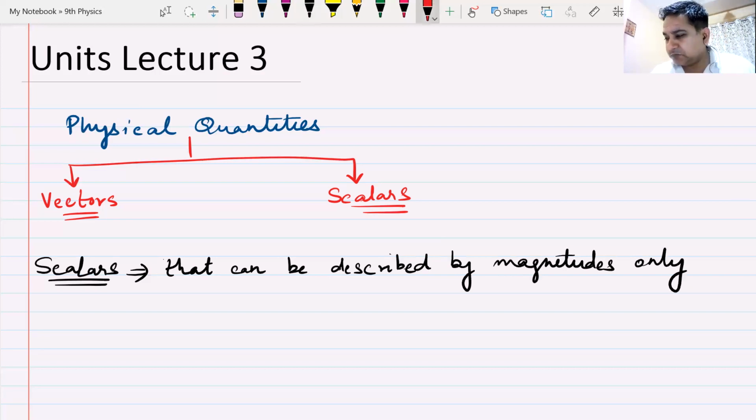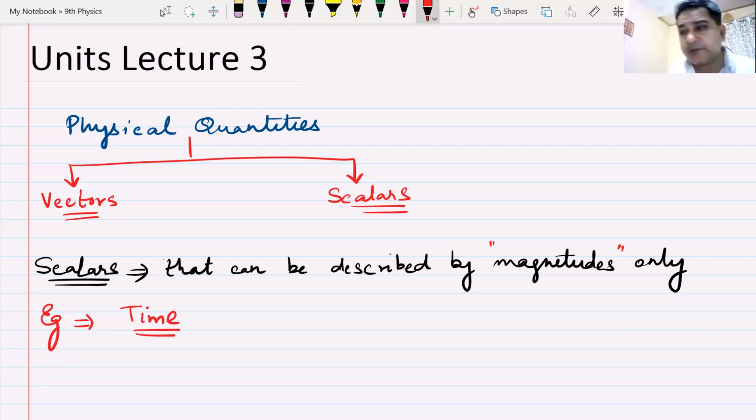Now, it might be difficult for you to understand what do you mean by this term magnitudes only. Let us take some examples. For example, this physical quantity time. If you say, for example, this class is for 45 minutes, what is this 45 minutes?